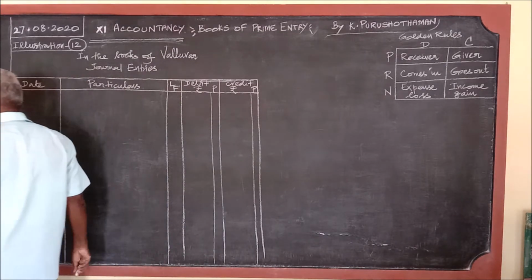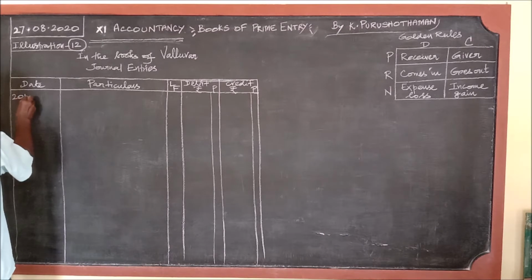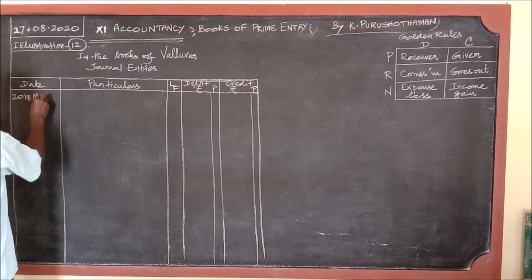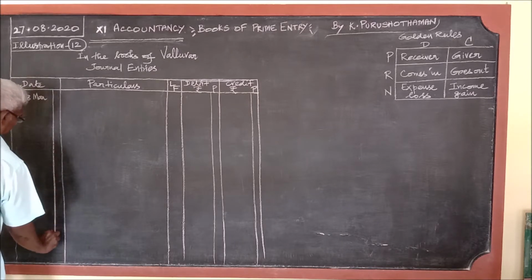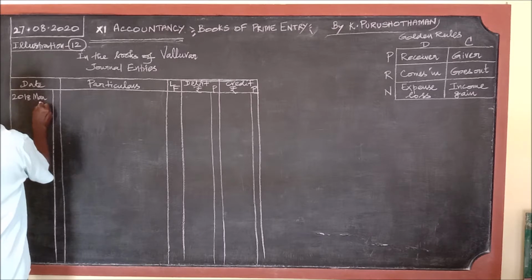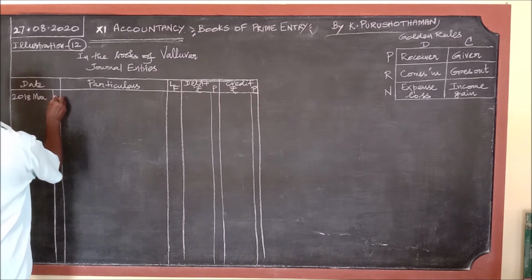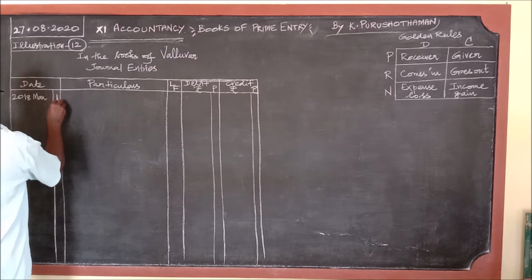Date here, it is March 2018. The first item only, we write both the year and the month. For the rest of the transactions, we write simply the date first.